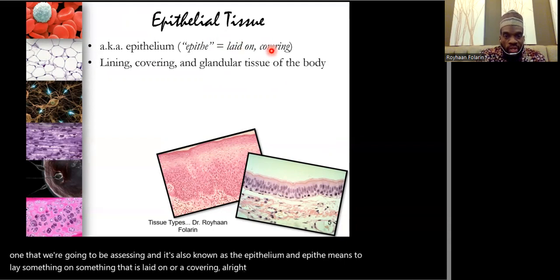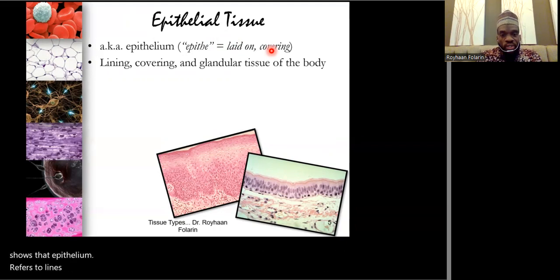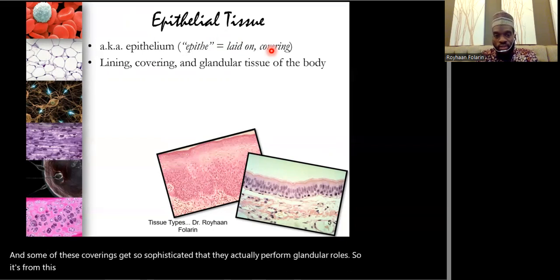So that shows that epithelium refers to lining or covering, right? And some of these coverings get so sophisticated that they actually perform glandular functions. So it's from this epithelium that you have glands, some glandular tissues of the body forming.